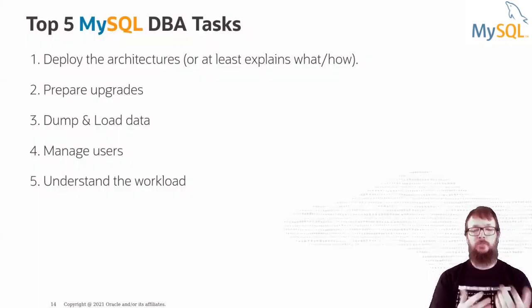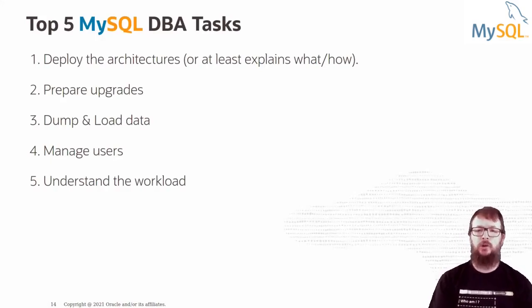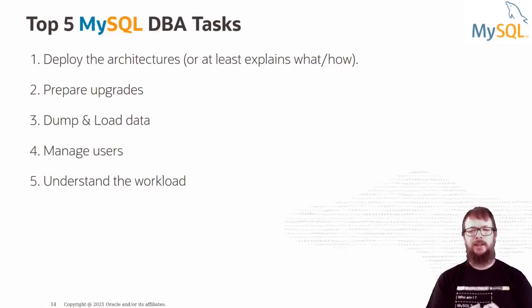The first thing is to deploy the architecture, right? Or at least explain what and how to deploy the architecture to operators if the DBA is not the one that deploys the architecture, right? But it has something to say about how to deploy it and what to deploy, right? This is the first task.